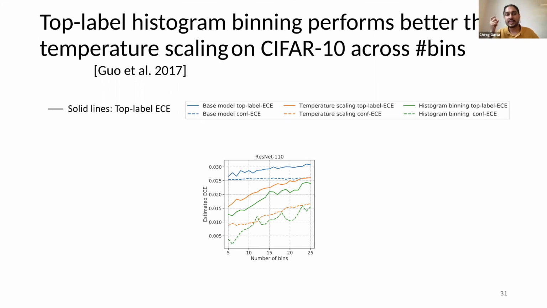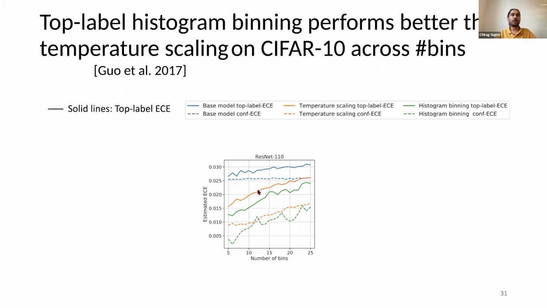And also for ECE estimation, you need some kind of binning. There are papers which have argued that depending on the binning scheme, one method could be better than the other. But here you see that the solid green line, which is the top label ECE of histogram binning, is always below the solid orange and blue line. The orange line is temperature scaling and the blue line is the base model, the miscalibrated model.